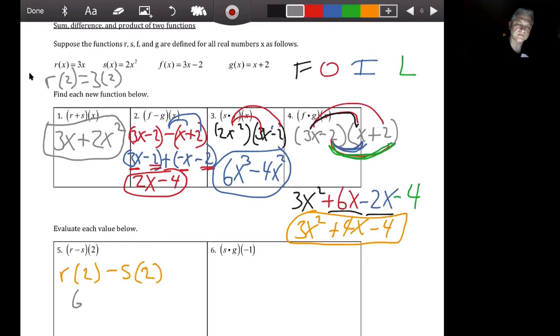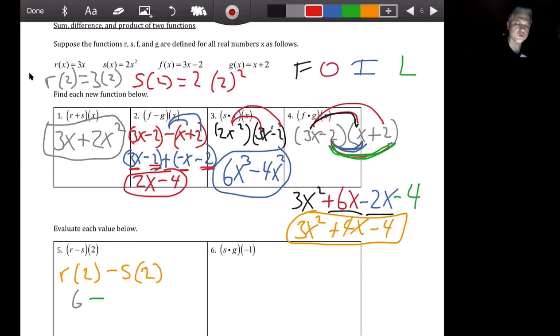And then minus, because there's a minus, S of 2. So we go to the S function. It's not S of x, it's S of 2. So instead of 2 times x squared, S of 2 would be 2 times 2 squared.